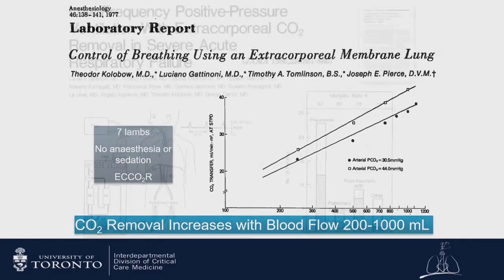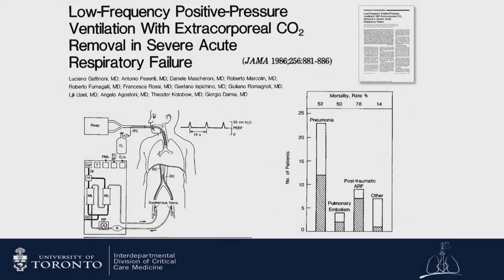Next slide. And even in patients, this has been reported since the mid-80s from Luciano Gattinoni here, using extracorporeal CO2 removal to try and reduce the amount of inspiratory positive pressure that we need to use, making the patients breathe in a more lung protected fashion. Next slide, please.